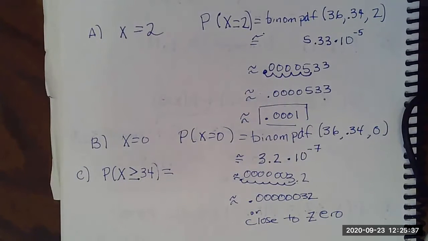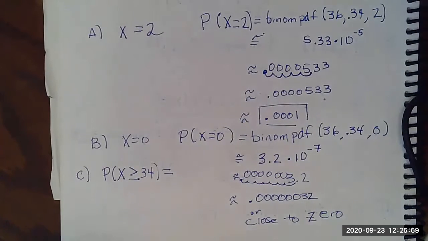So you've got 3 scenarios in this case. 34 go through the front door out of the 36, or 35, or all of them. Now all of them means you have a random sample of 36 and they all happen to be through the front door.